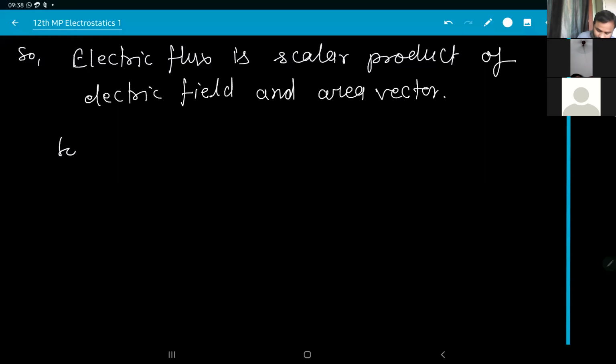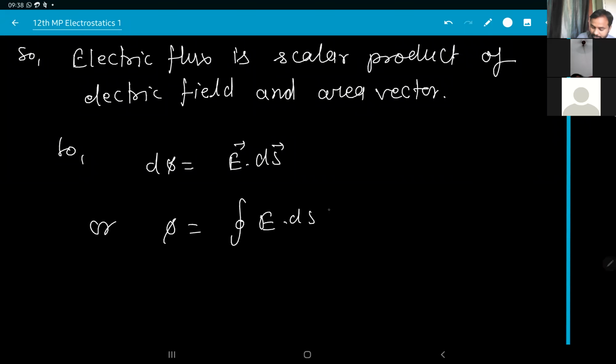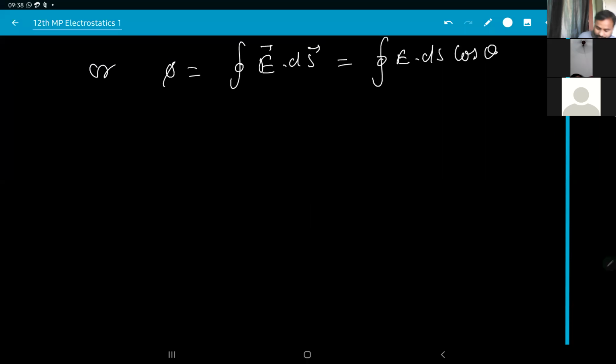Clear? So you can directly write it. d phi is equal to E dot ds, or phi equal to surface integration E dot ds, which can be written as E dot ds cos theta, and it can be written as surface integration of E dot ds cos theta.